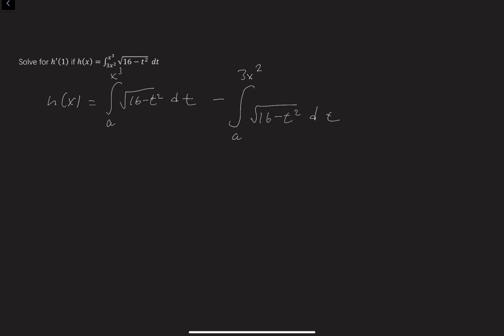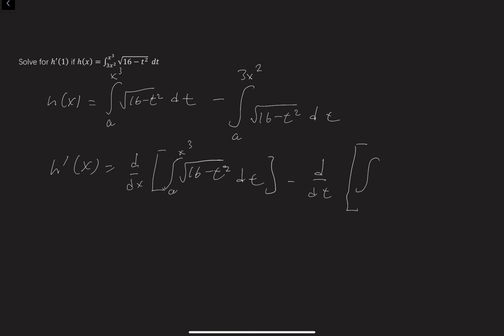And now we can take the derivative of it, solving for h prime, the derivative function, and we can use the difference rule. So that's the derivative of the integral from a to x cubed of square root of 16 minus t squared dt, minus the derivative of the integral from a to 3x squared of square root of 16 minus t squared dt.